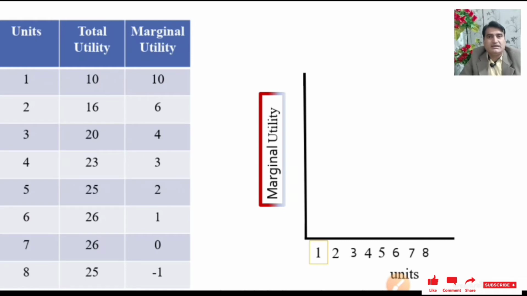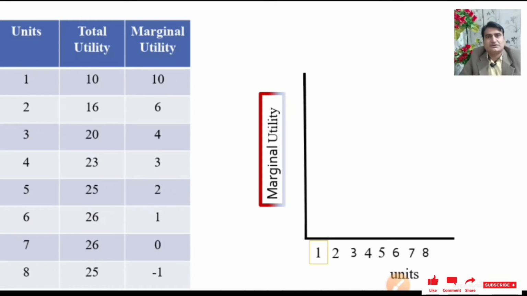By eating the third unit, the total utility is 20, and 4th 23, 5th 25, and by eating the 6th banana the consumer gets 26 total utility, and by eating the 7th he gets total utility that is also 26.